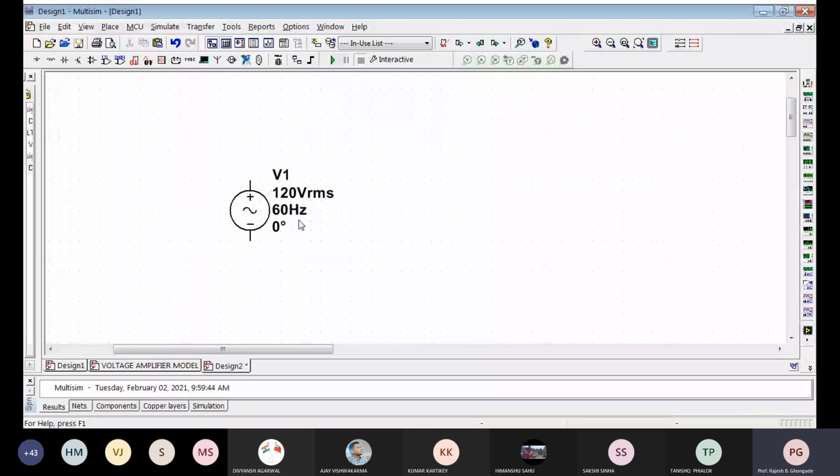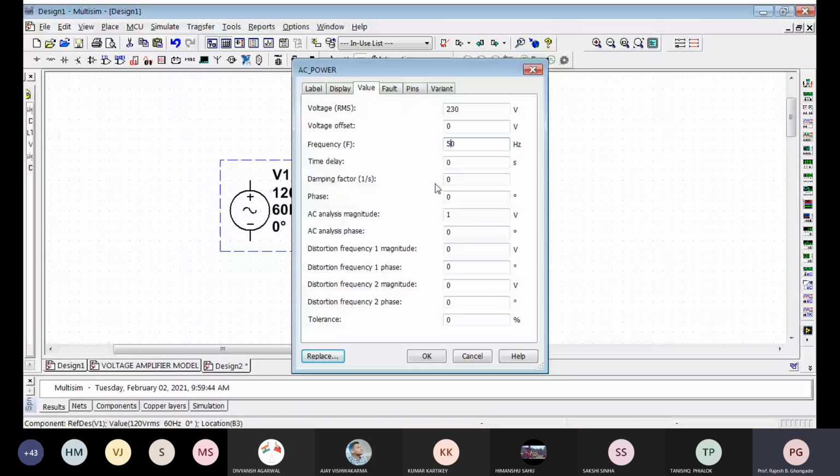This is an American software, so naturally their power source is 120 volts and 60 hertz, whereas in India and in most other parts of the world, we use 230 volts and 50 hertz. So the very first thing that you have to do is to change this to 230 volts and 50 hertz. Please don't forget to do that.